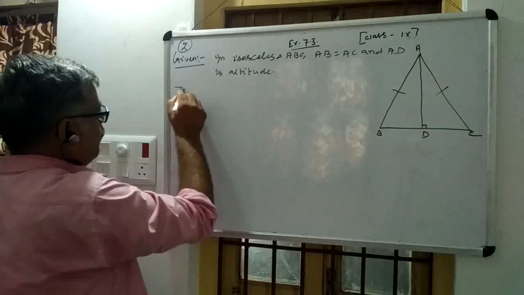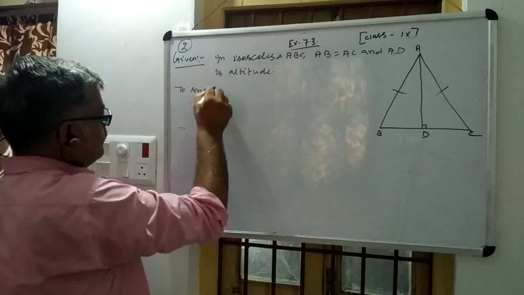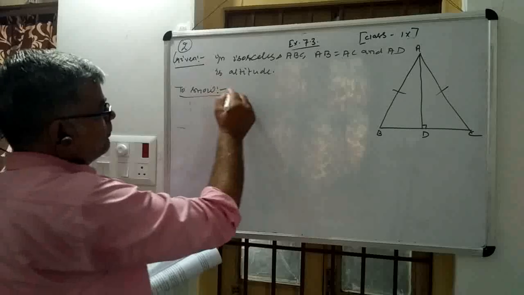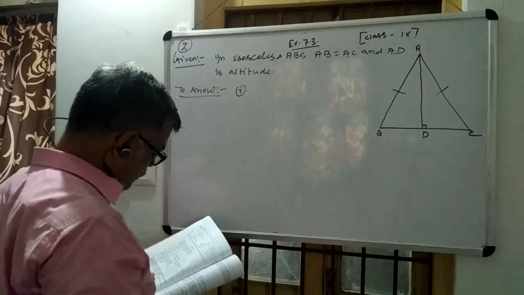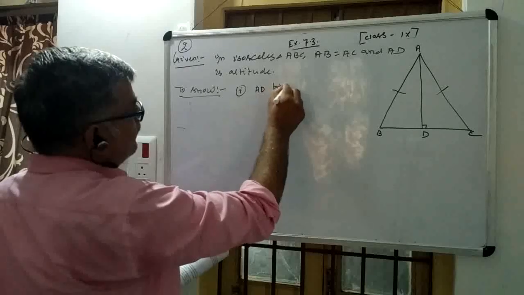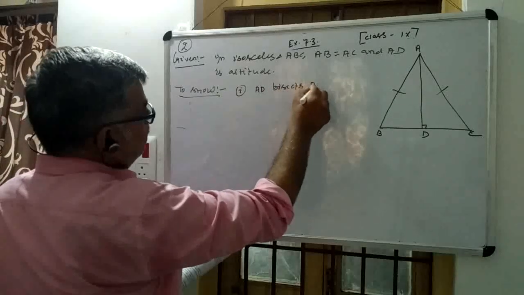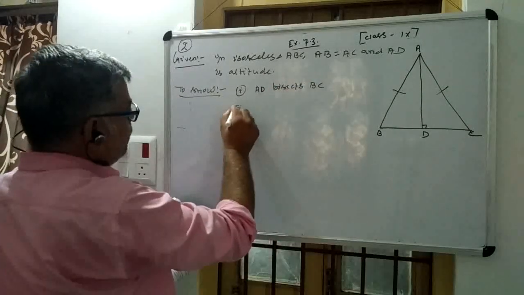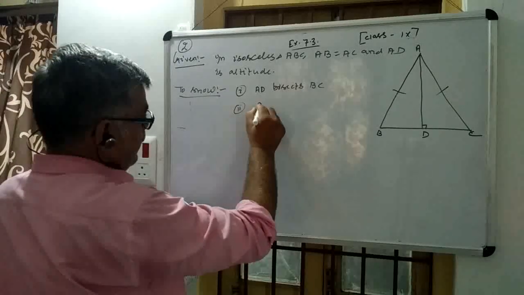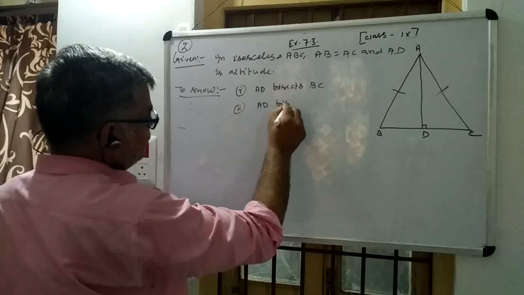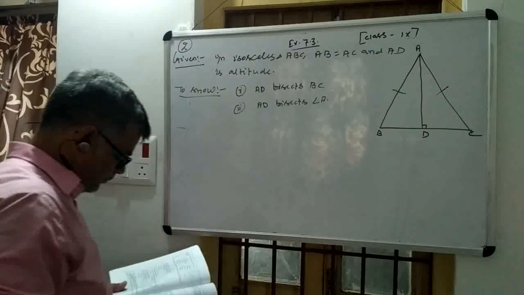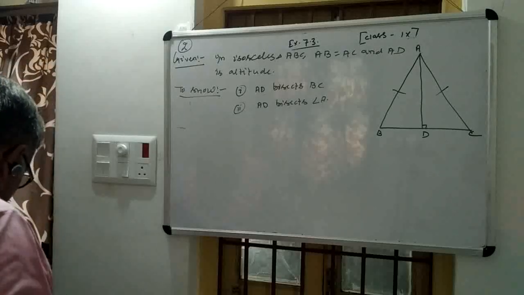Then what is to show? We need to show two parts. AD bisects BC. And part 2 is AD bisects angle A also. This we need to show.